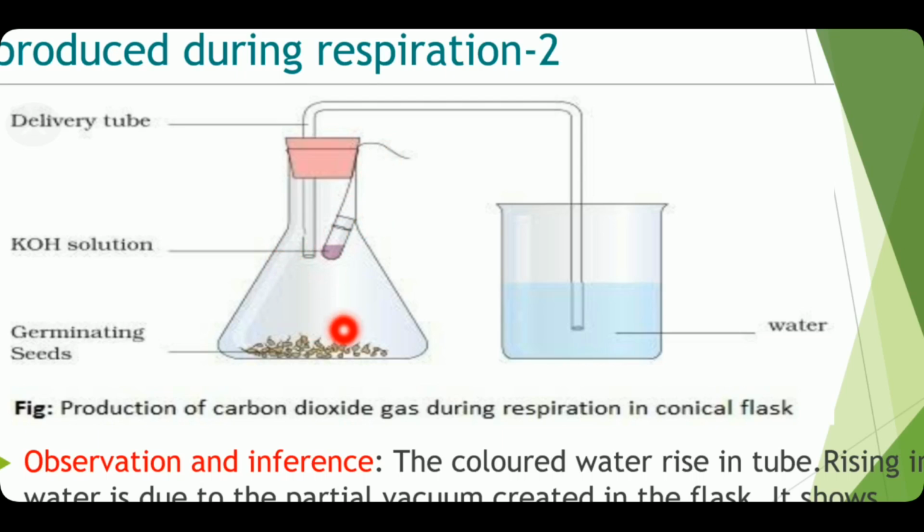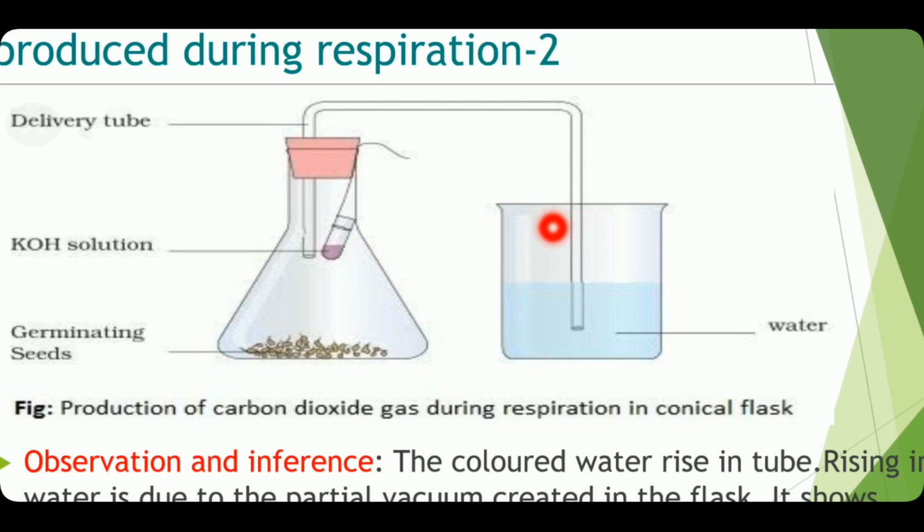When this takes place, in the delivery tube there is an increase in the level of water. Consider that the level of water is this much, and after that the level of water increases. We can do one more thing: we can mark the initial level of water, and after 3 to 4 hours we can find out the change in the level of water, which is the increased level.